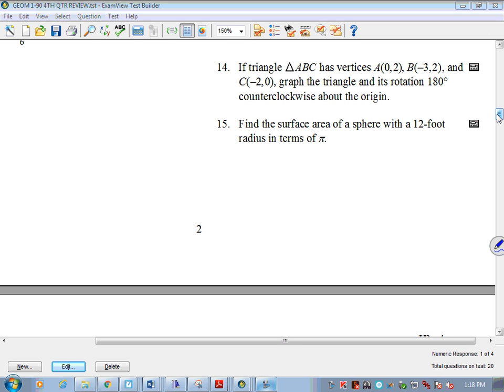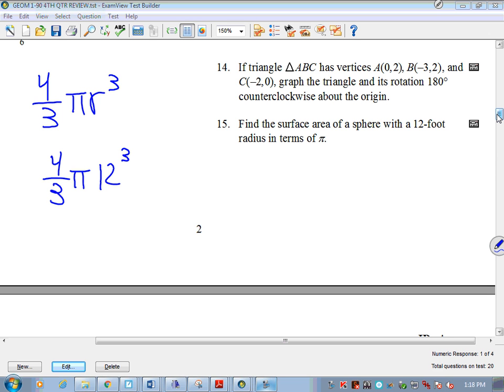What is the formula for finding the volume of a sphere? 4/3 pi r cubed. We want to find the surface area of a sphere with a 12-foot radius in terms of pi. 4/3 pi 12 cubed.